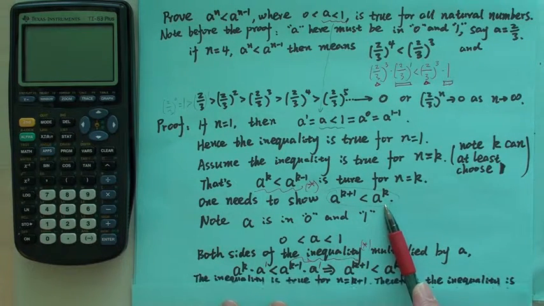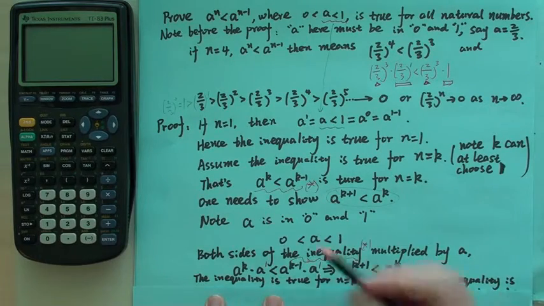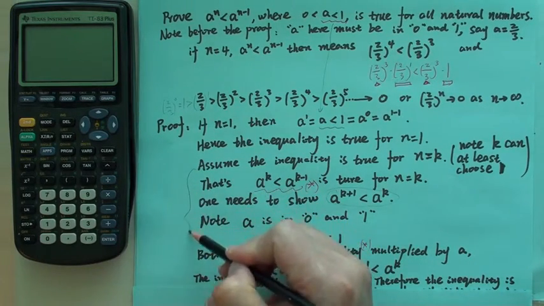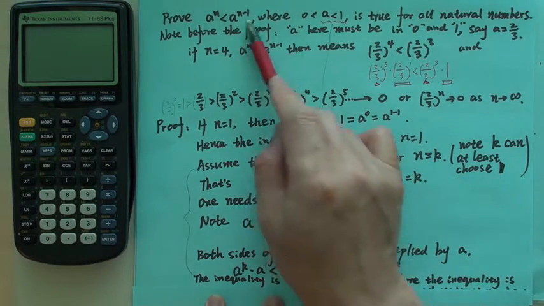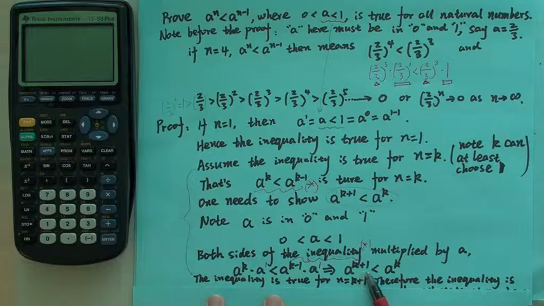But even though this is an easy result, you can then say that the inequality is true for n equals k plus 1. That's important, because this loop never ends. k can at least choose 1. Then through this loop, you have proved the inequality is true for k plus 1.